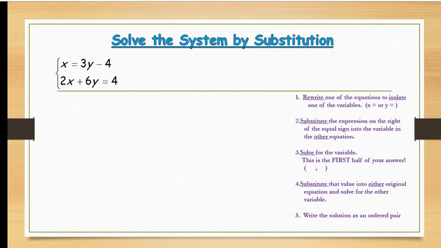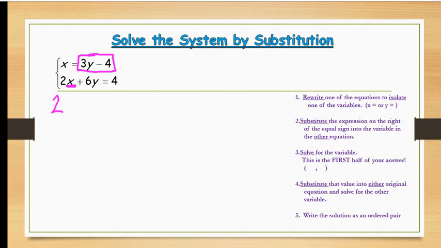Alright, on this one, you can see the top equation is already solved for x. So what I'm going to do is take 3y minus 4 and replace x in the second equation with that whole expression, 3y minus 4.